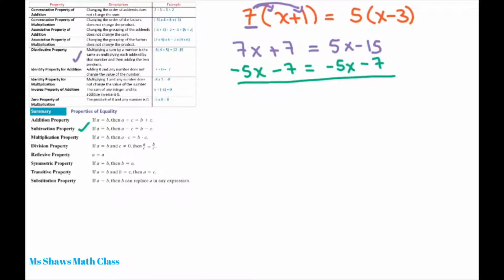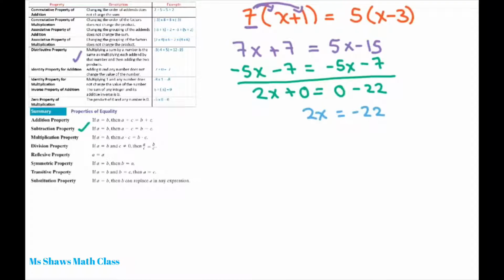So 7x minus 5x is 2x. 7 minus 7 is 0. 5x minus 5x is 0. And negative 15 minus 7 is negative 22. Okay, so what we're going to have is 2x equals negative 22.